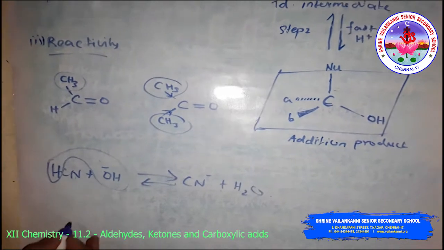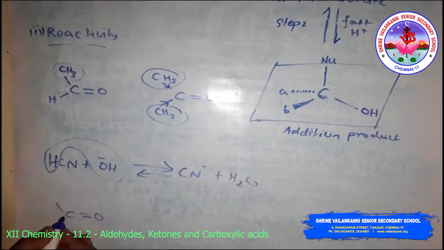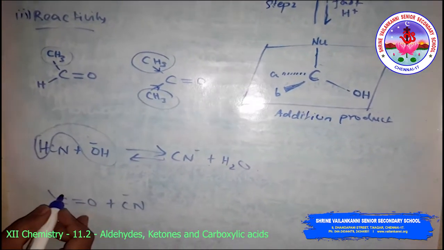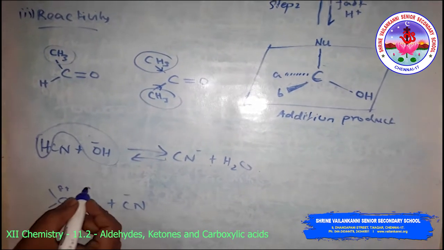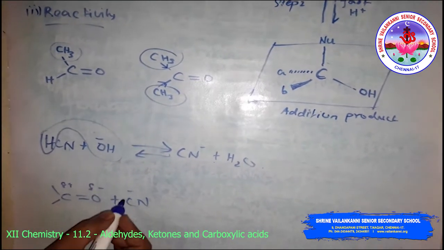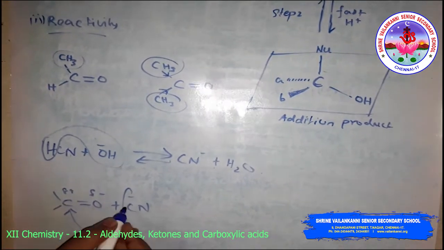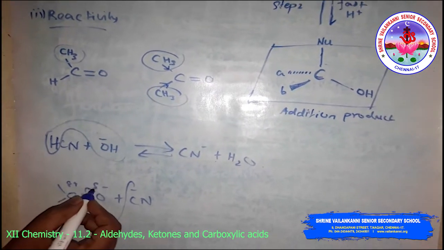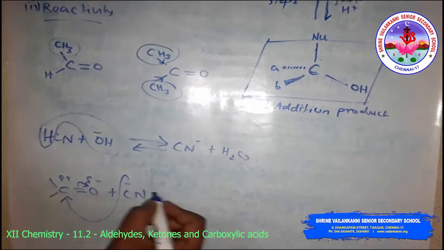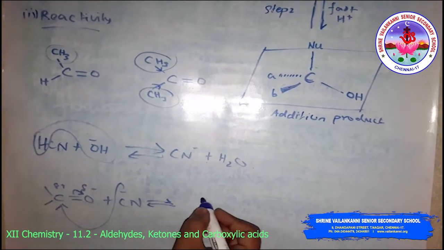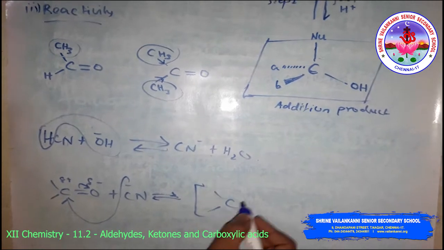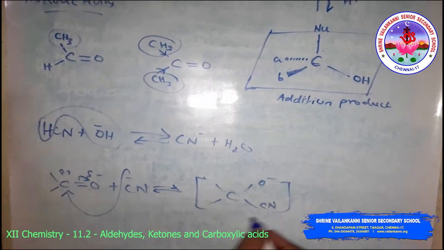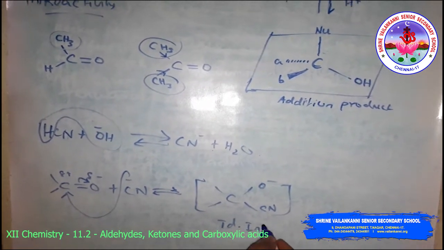In a carbonyl compound, C double bond O, this has a partially positive and a partially negative charge. So the CN minus has a lone pair of electrons, so it attacks like this, and this bond is shifted here, to form a tetrahedral intermediate. Simply we can write like this: O minus and CN. This is a tetrahedral intermediate.